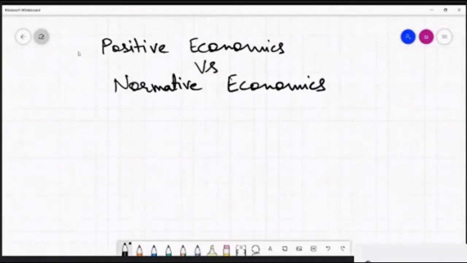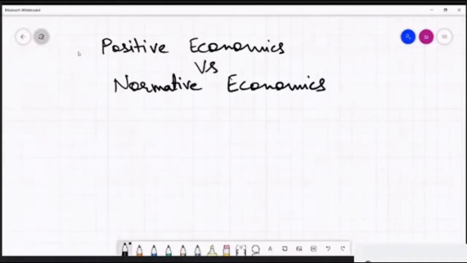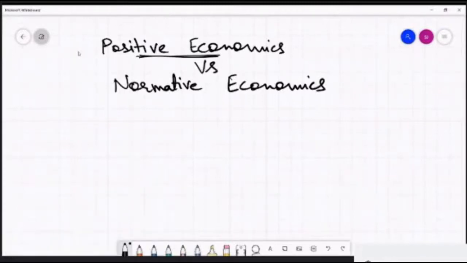Generally, when you frame your question, you see that there is a mistake which you are making. You are always thinking of what is best, what is better. Now, when you are thinking about what is best, what is better, actually you are not realizing the reality. Because normative is the ideal situation: what should be, what ought to be.